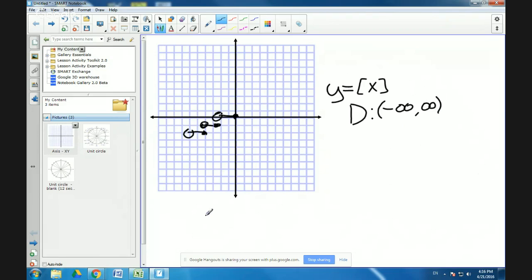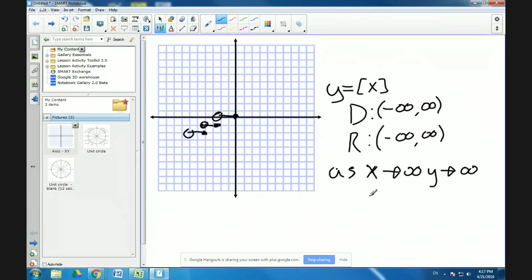Obviously, you can go this way and this way, and the range is the same thing. The end behavior is as x approaches infinity, y approaches infinity. And as x approaches negative infinity, y also approaches negative infinity.